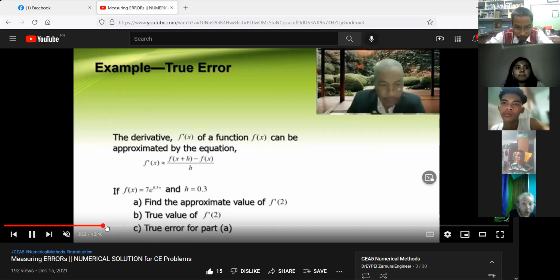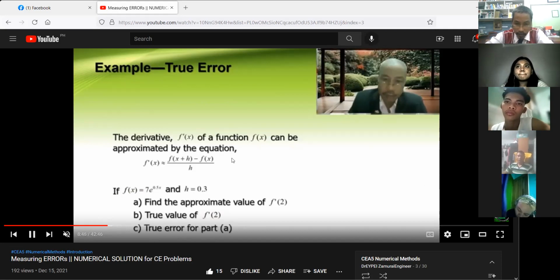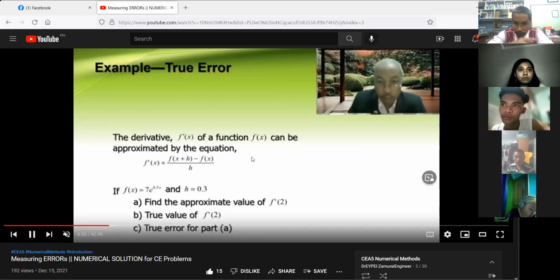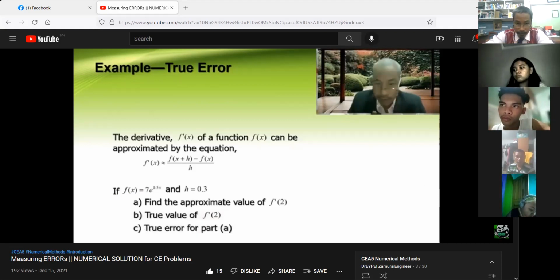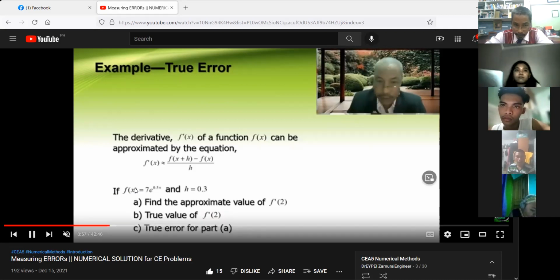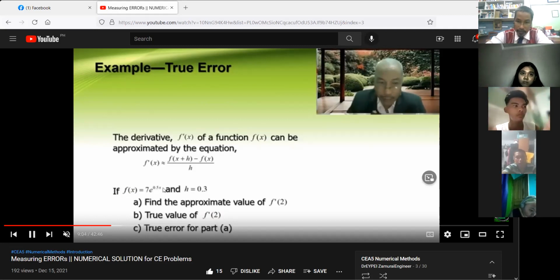What is the problem? Additional problem. I recall I have an additional problem for you when I explain this. So we have here the given f(x) is equal to 7e^(0.5x).